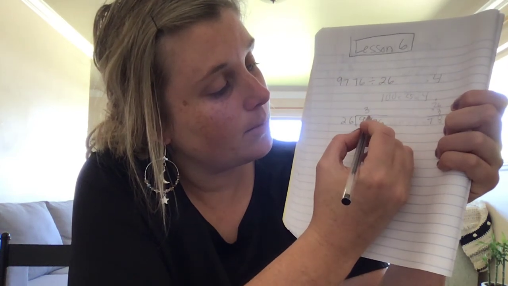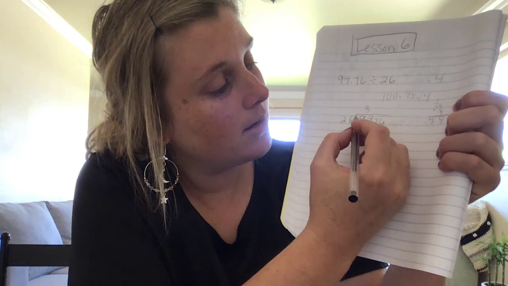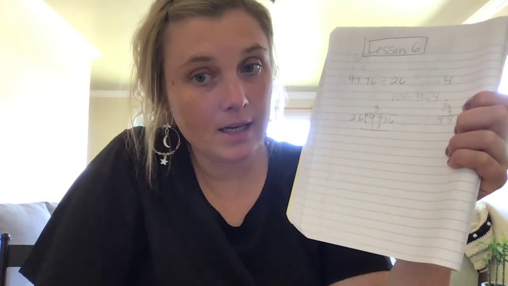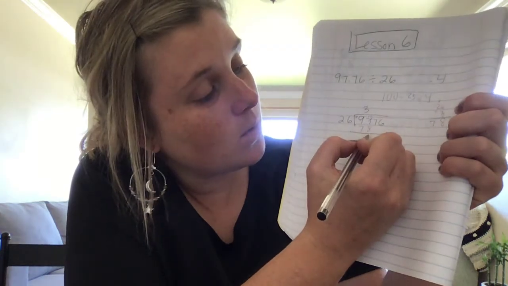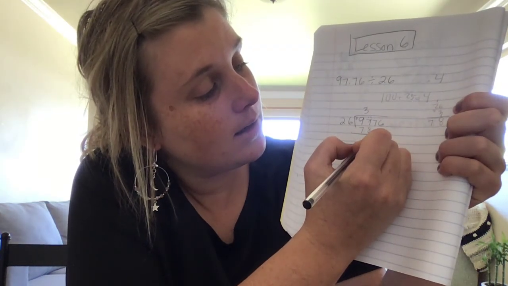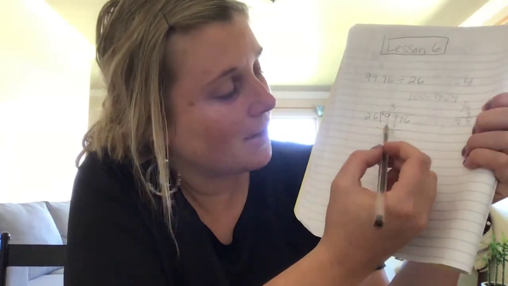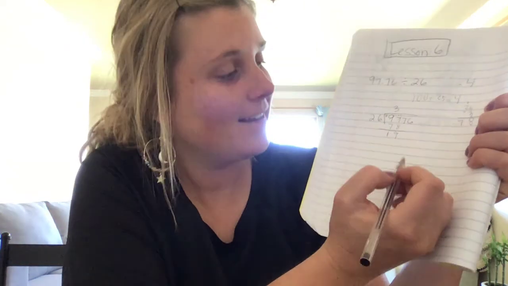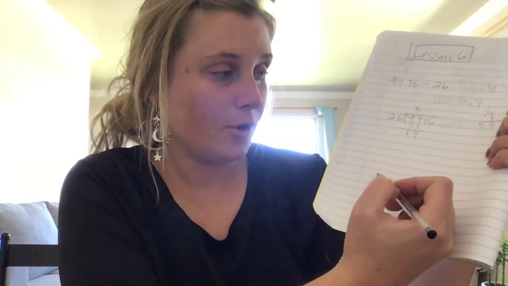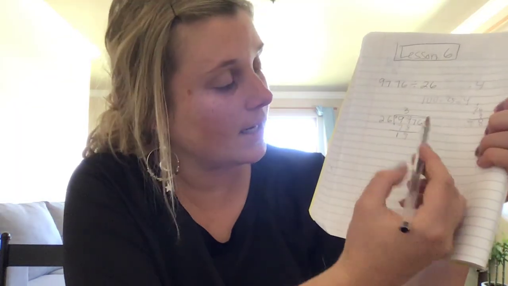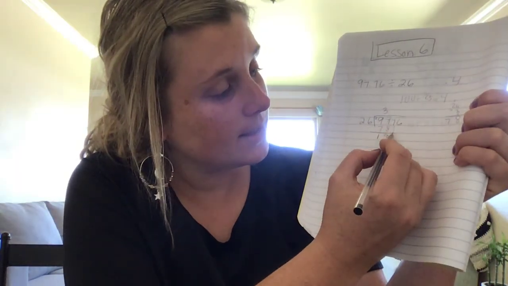So I'm going to go over here. 17 take away 8 equals 9. And 8 take away 7 is 1. Okay, so now we have 19 left over, right? Okay, well, 26 cannot go into 19. So I'm going to bring the 7 down.